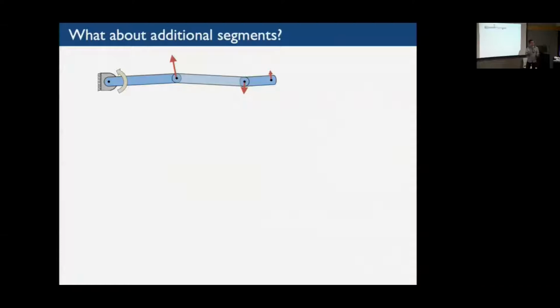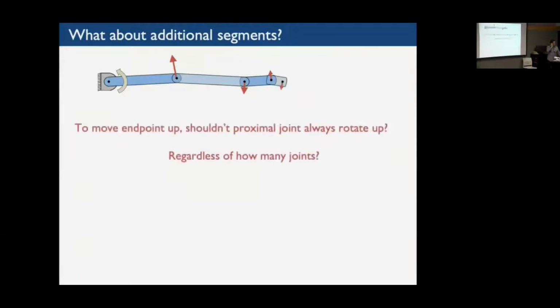I'm confused. Let's say it's the tip of my finger, I want to move upwards. Now I'm really worried that the deltoid might end up making this move upward or downward, and then if I counted wrong, then I've got it all wrong. Okay, so we've got a problem here. To move the endpoint up, shouldn't we always move the proximal joint in that same direction?